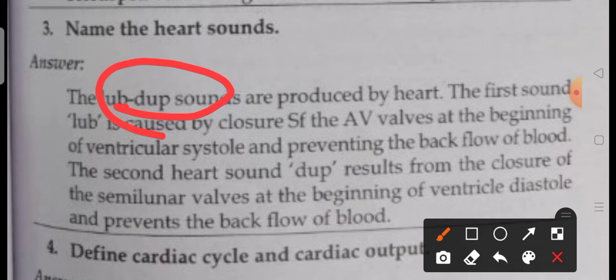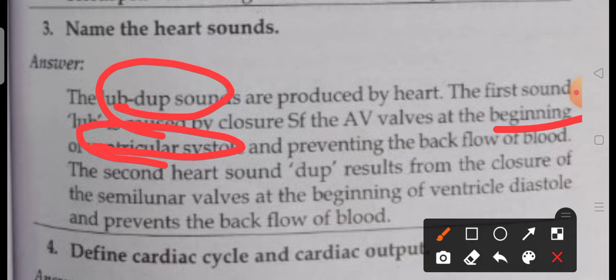Always, the first sound is caused by the closure of the atrioventricular valves at the beginning of ventricular systole. It is mainly produced by the heart, even though it is the closure of the valves. When they close, they automatically prevent the backflow of blood. Next, the second sound is the dub.